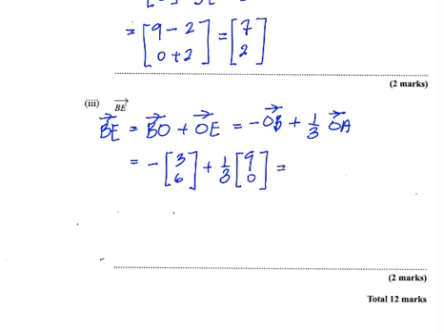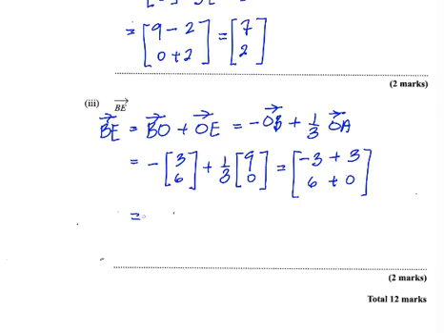So this would be equal to minus 3 plus 3, because 1/3 of 9 is 3. Sorry, it's minus 3 at the top actually. Minus 3 plus 3, and down at the bottom we have 6 plus 1/3 of 0, which is still 0.